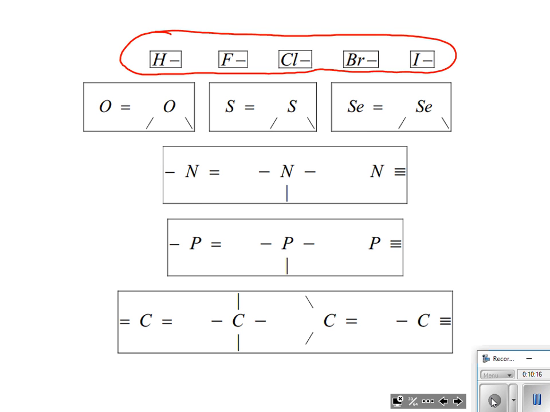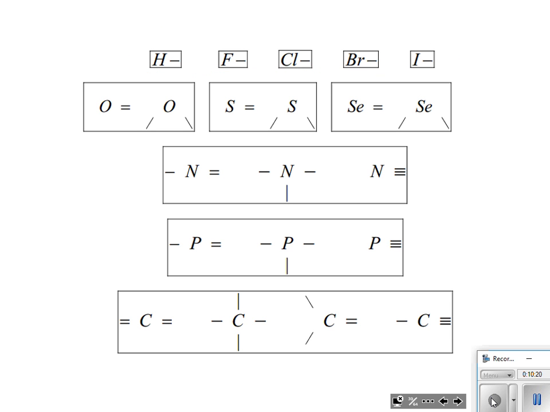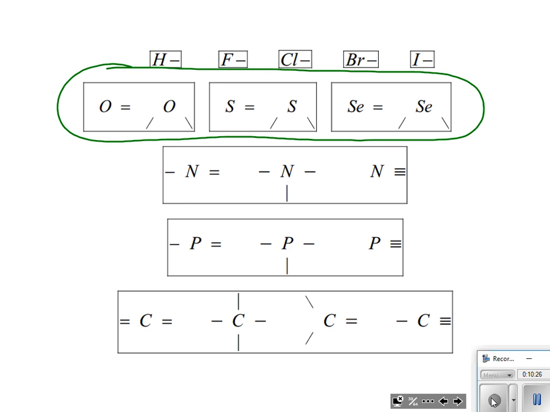Now, let's look at the second row. These right here. What do they have in common? 2 electrons to fill their outer shell.